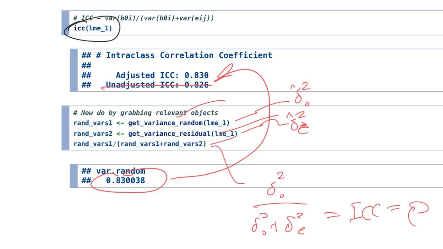Because if it was one, I get nothing, right? If it's one, you have something wrong. You don't need repeated measures, or you have an input error, something's wrong if it's one. But as it gets higher, it just means I want more clusters, or more individuals if individuals are my cluster. I don't get a lot more information by taking repeated measures.